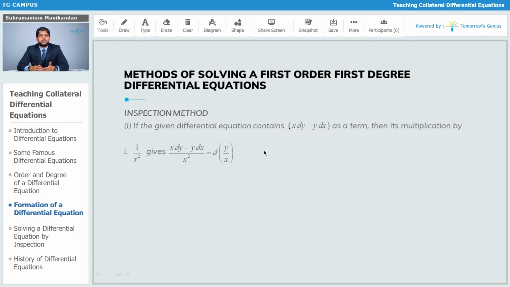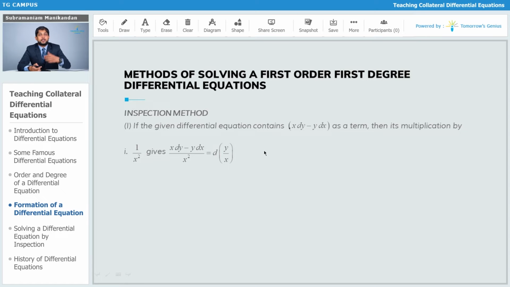So this method cannot be used for differential equations of order greater than 1, degree greater than 1. That is because when we differentiate a function once, it results into certain simple expressions which we can predict as differential coefficients of x and y.